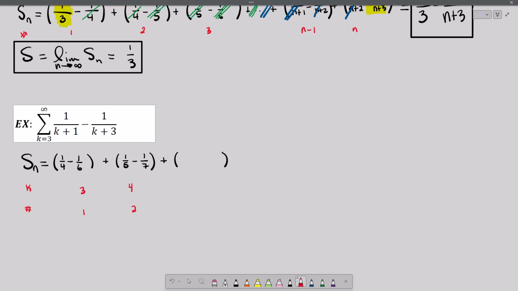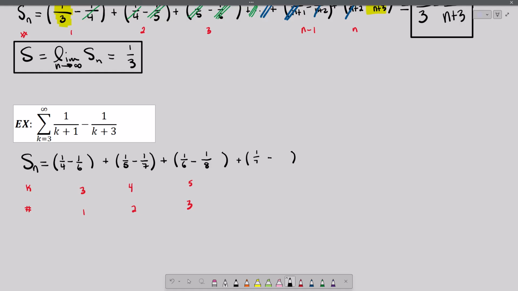Then we're going to go to the third term, which means plug in k equals 5. Plugging in k equals 5, we're going to get 1 divided by 6 minus 1 divided by 8. And I'm going to go one more term just for good measure. So now we're going to plug in k equals 6.